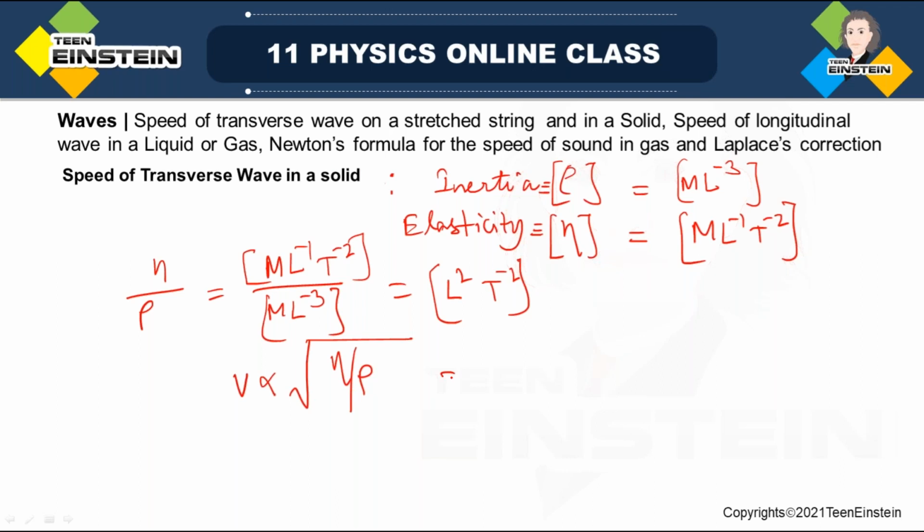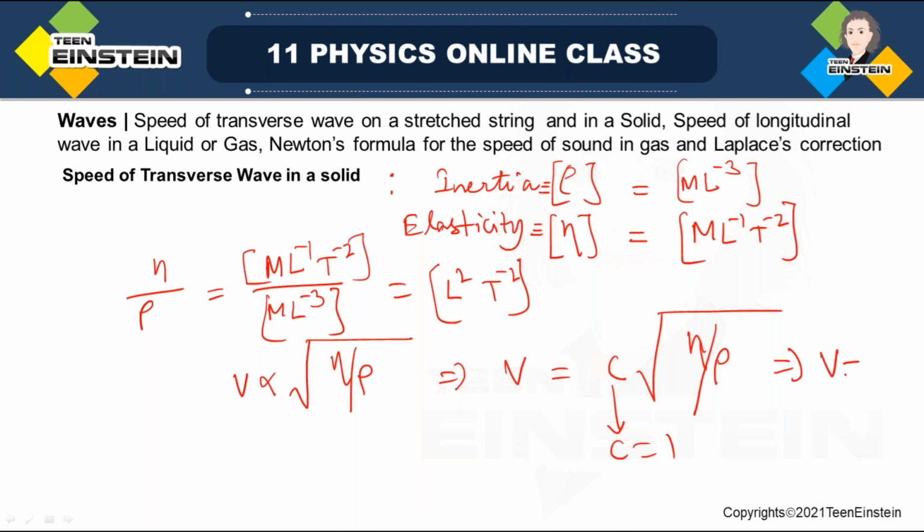Okay, so here also if we take the proportionality constant c, and it is found to have dimension 1, then v, the velocity of transverse wave in a solid, will be given by square root of eta by rho.